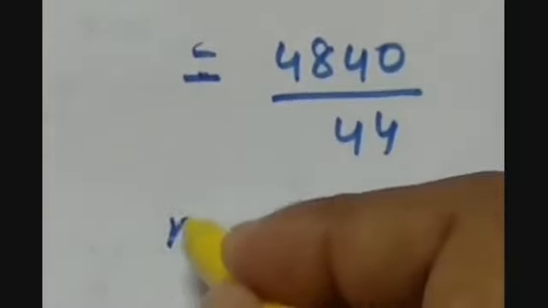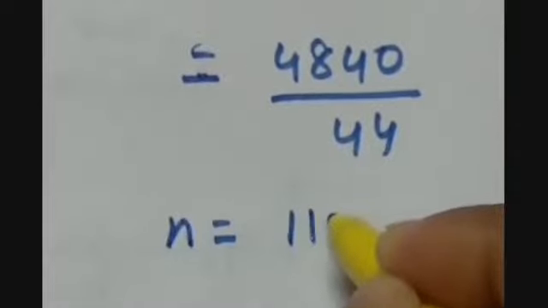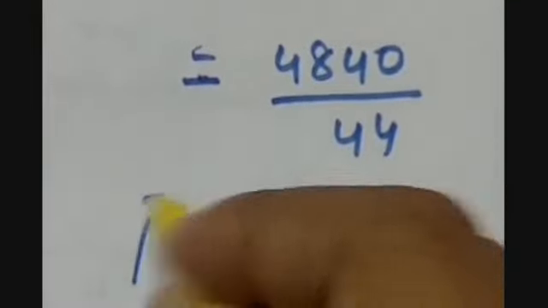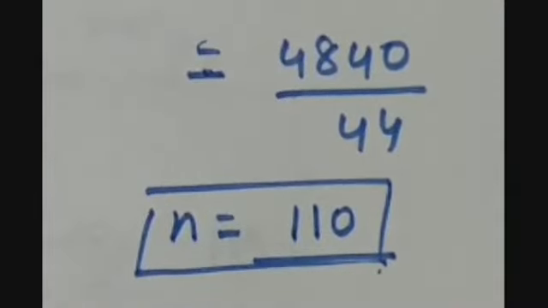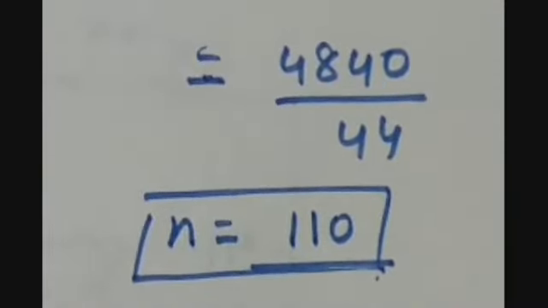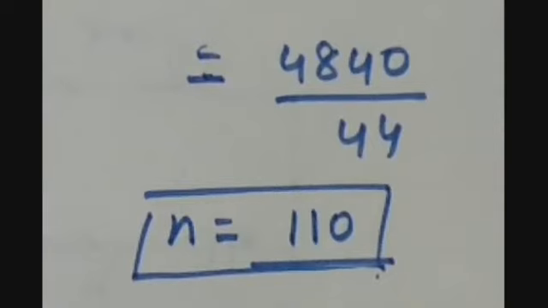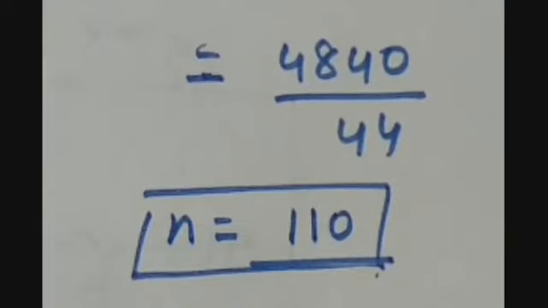So this N comes out to be 110, 110 resistors. So 110 bulbs of resistance 4840 ohms are required to be connected in parallel in this circuital arrangement.